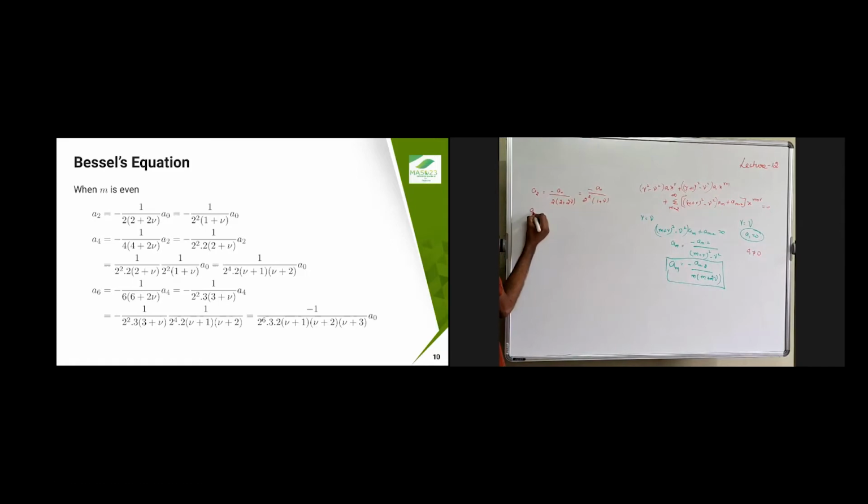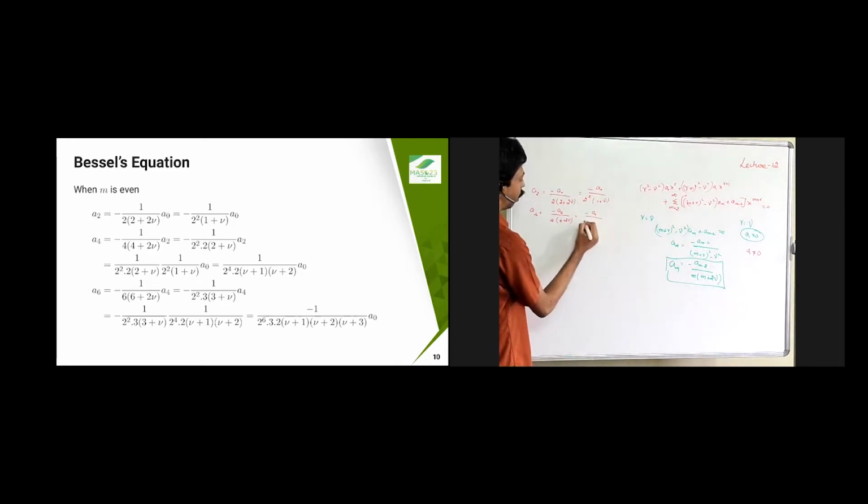Now a4 is going to be minus a2 divided by 4 into (4 plus 2 nu). I can write this as minus a2 divided by 4 into 4, which is 2 square, and I take another 2 out, so that becomes 2 cube into (2 plus nu).